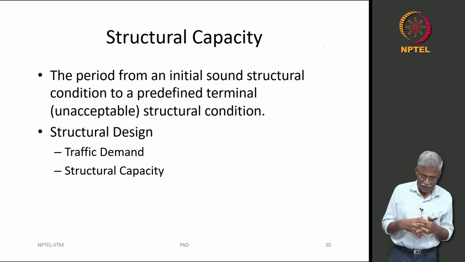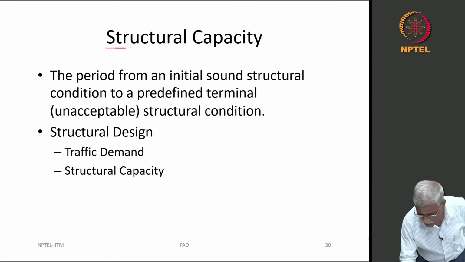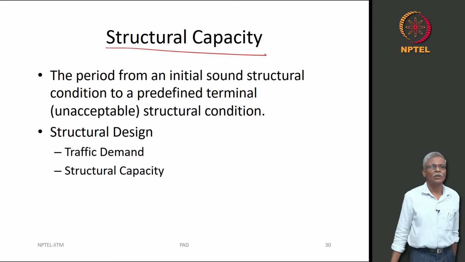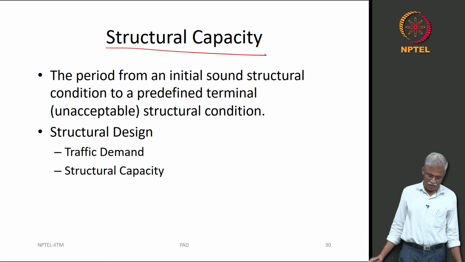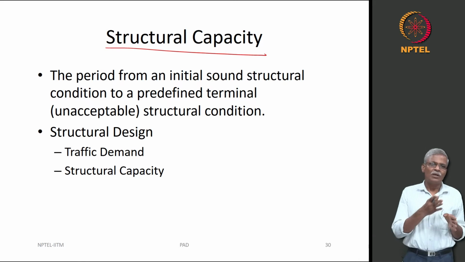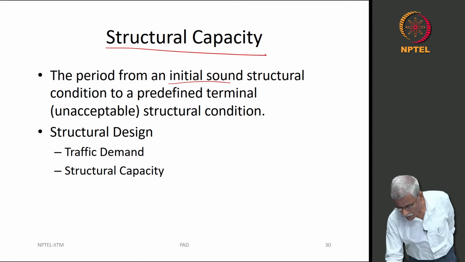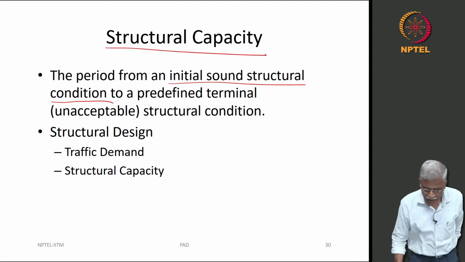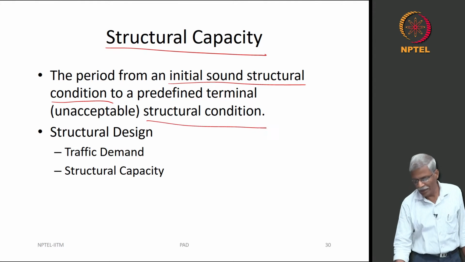So, now there is a very clear cut definition of what is called the structural capacity. What exactly is the structural capacity? The period from an initial sound structural condition to a predefined terminal structural condition.